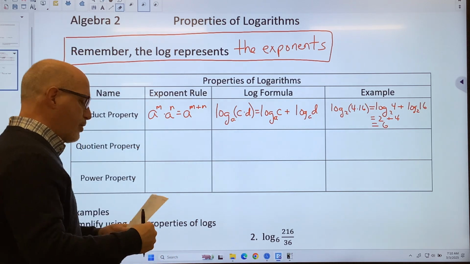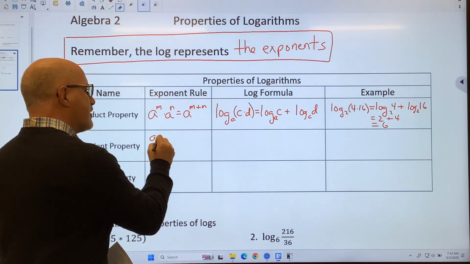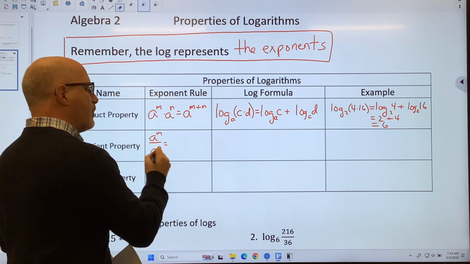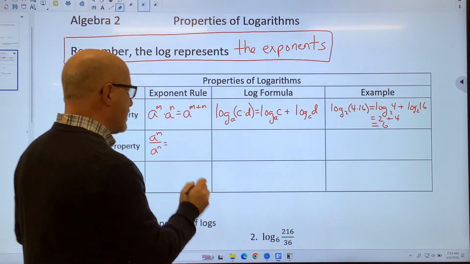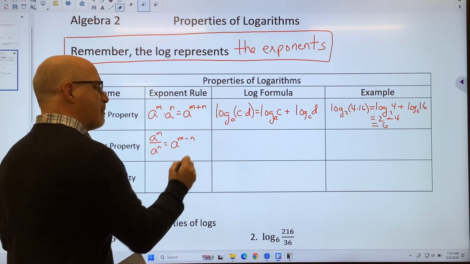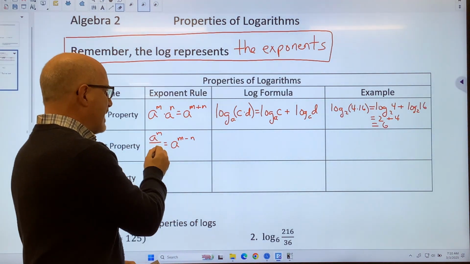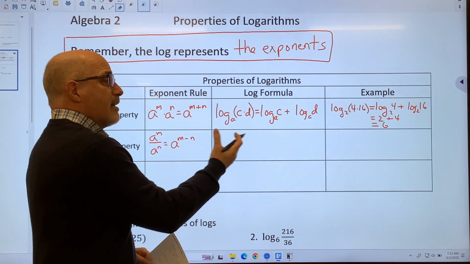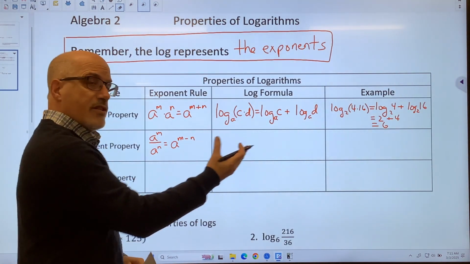Let's talk about the quotient property. This is where you have a to the m over a to the n. You may recall with this property of an exponent that when you have that, you go ahead and subtract the exponents. So m minus n, so division becomes subtraction. Well, maybe you're getting the idea of where this is going.